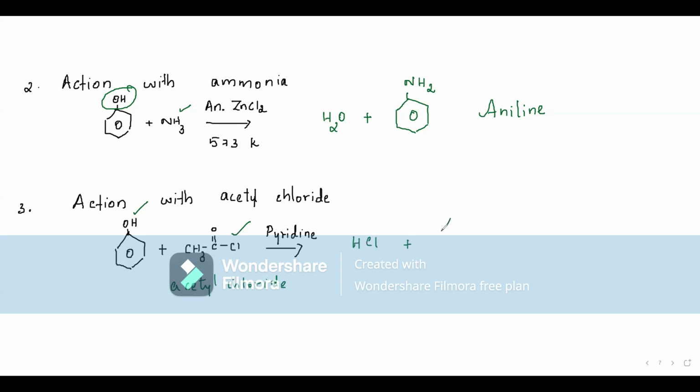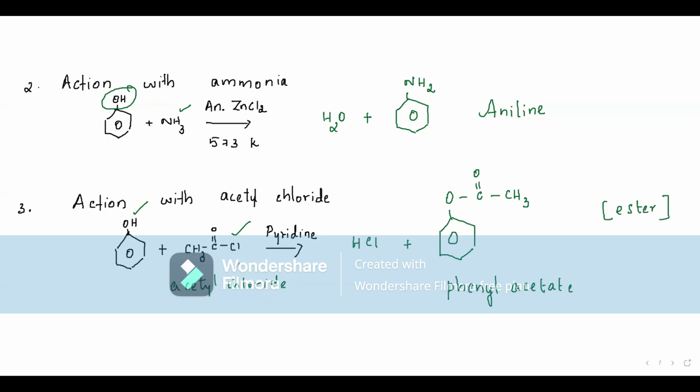Along with that, you get a benzene ring with one oxygen, and that oxygen is connected to COCH3. This is an ester and its name is phenyl acetate. This is an ester, a pleasant fruity smelling compound.